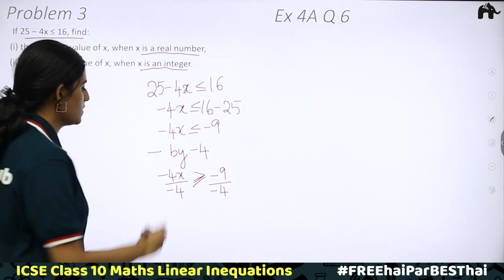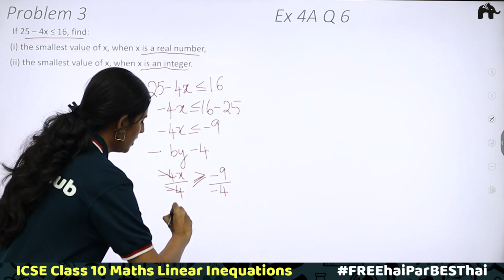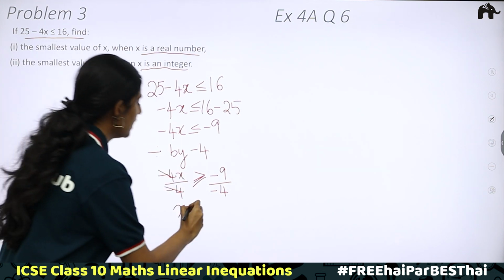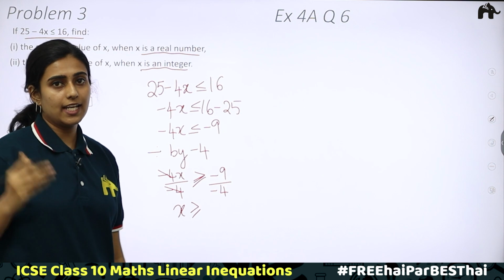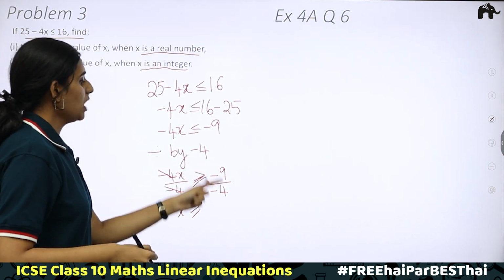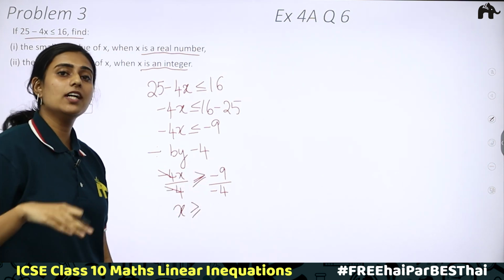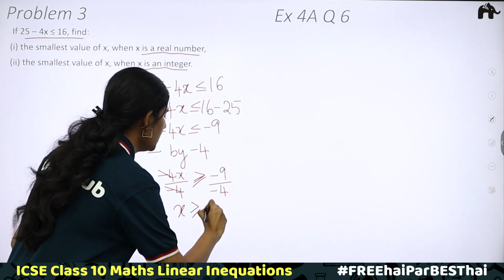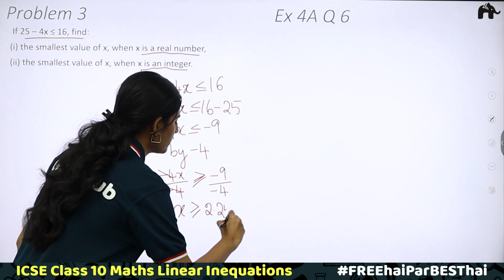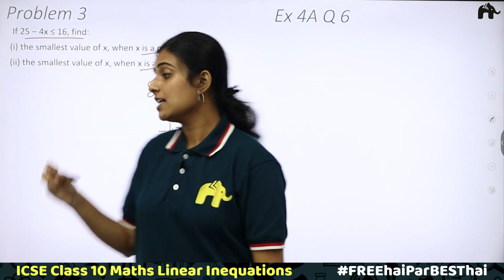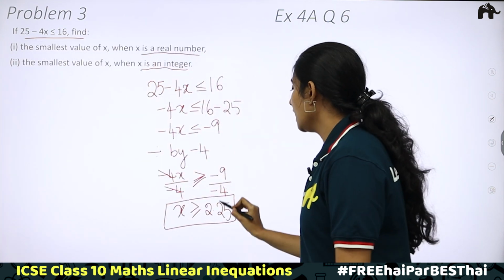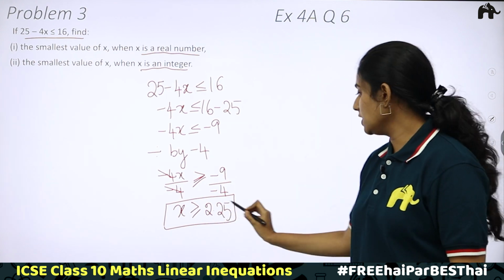Minus 4x by minus 4, cancelling minus 4, you have x greater than or equal to minus 9 by minus 4. The negative sign gets cancelled. 9 by 4 is a fraction. When you convert it into decimal, you will be getting 2.25. This is the condition for x. X is a number that is greater than or equal to 2.25.